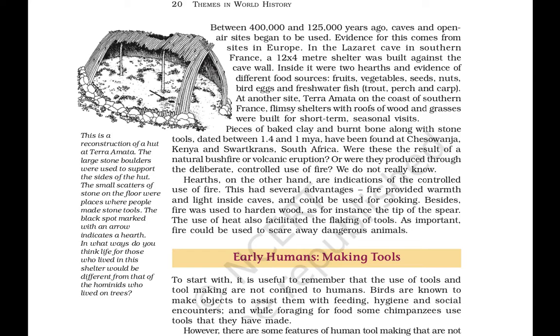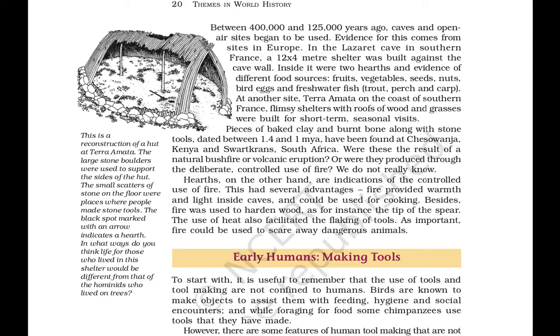Inside it were two huts and evidence of different food sources: fruits, vegetables, seeds, nuts, bird eggs, and freshwater fish, trout, perch, and carp. At another site, Terra Amata on the coast of southern France, flimsy shelters with roofs of wood and grasses were built for short-term seasonal visits.